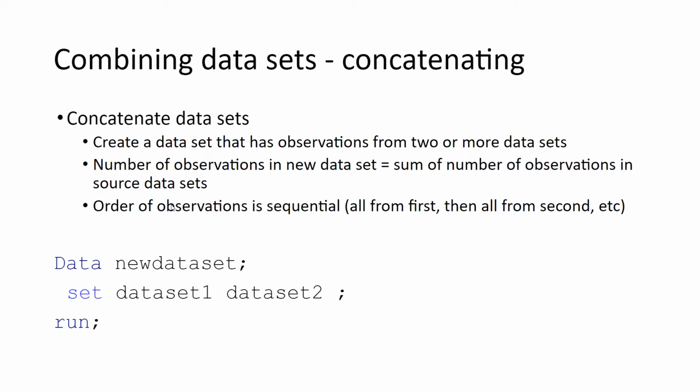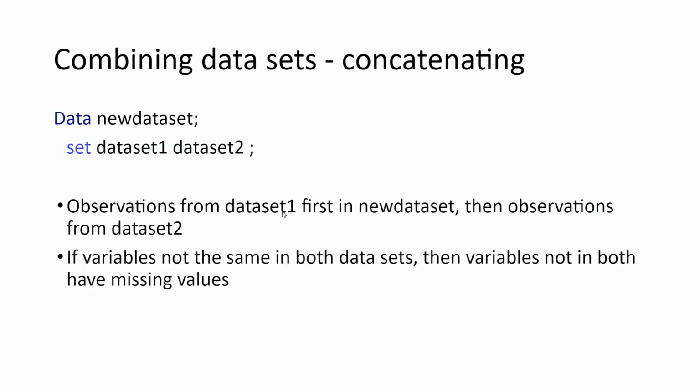The set statement doesn't only accept one data set, but you can add multiple data sets in the set statement. So it'll add observations in the first data set and then observations in the second data set. So it's sort of a stacking method here where the columns have to match in the two data sets.